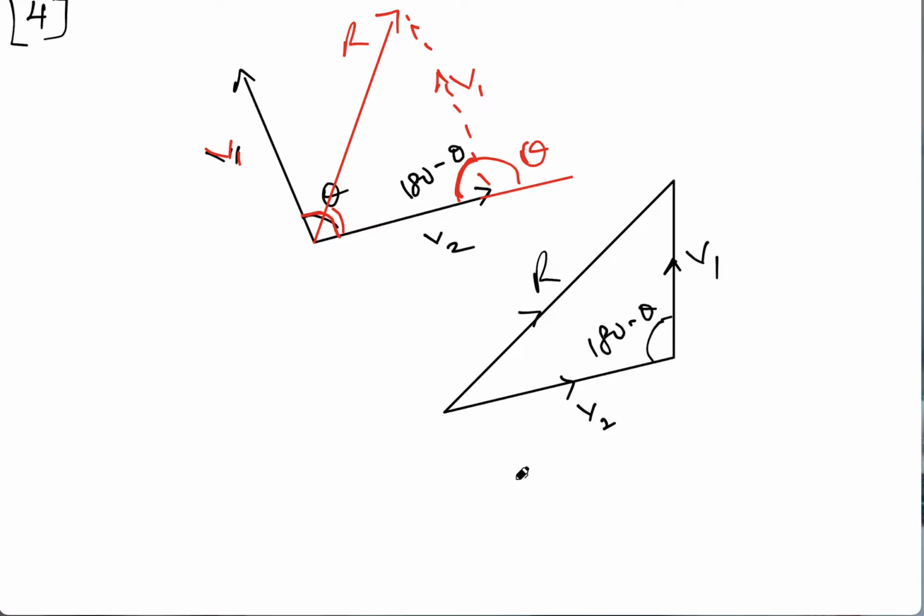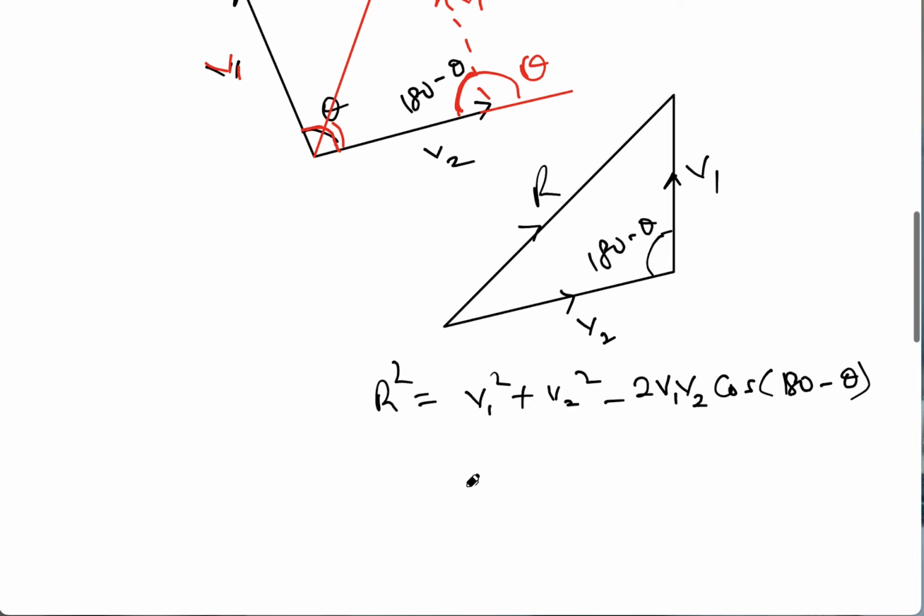Here is where we use the cosine rule. To use the cosine rule, we're looking for r. So here we know that r squared equals v1 squared plus v2 squared minus 2v1v2 cosine of 180 minus theta. Now, you can continue to use it this way, or you can use trigonometry, and this will be v1 squared plus v2 squared.